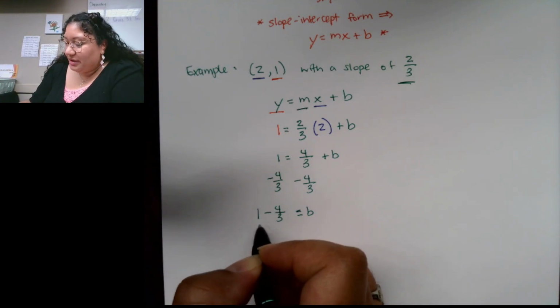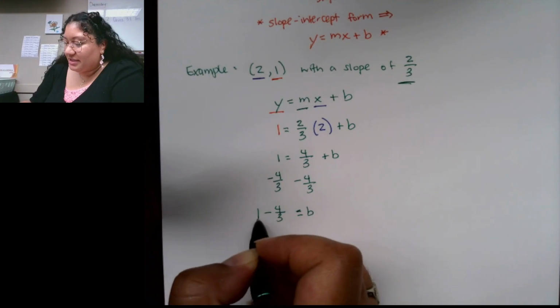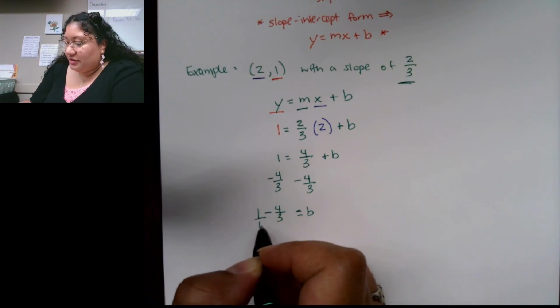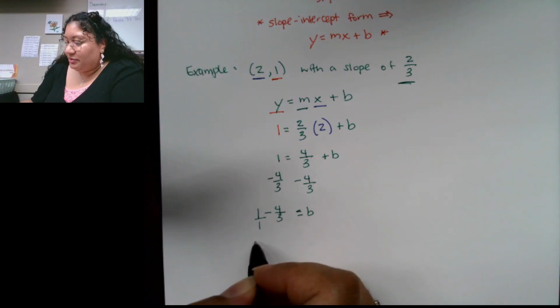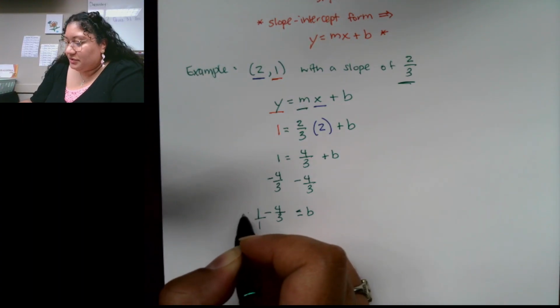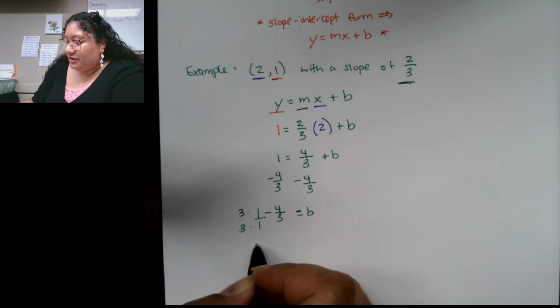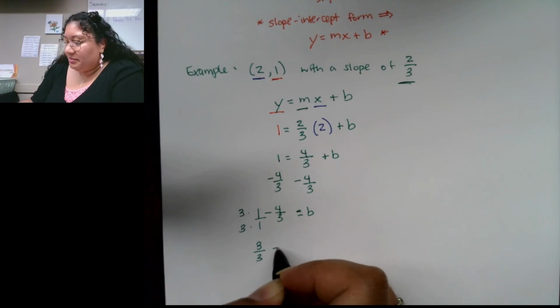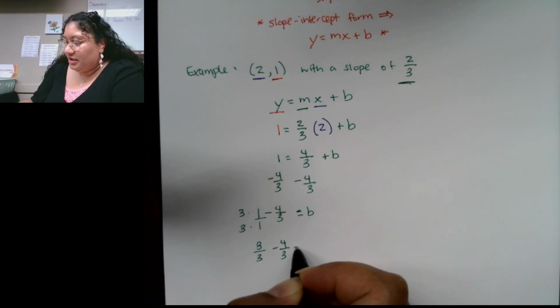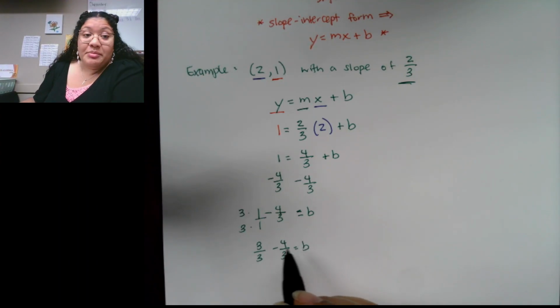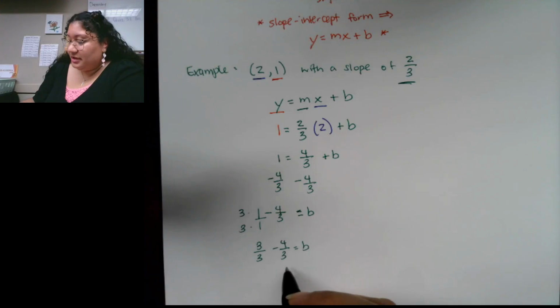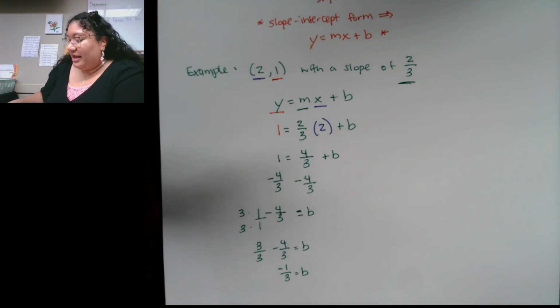To make this have a denominator 3, that means I multiply the denominator and the numerator by 3. So I get 3/3 minus 4/3 equals b. 3 minus 4 is -1/3.